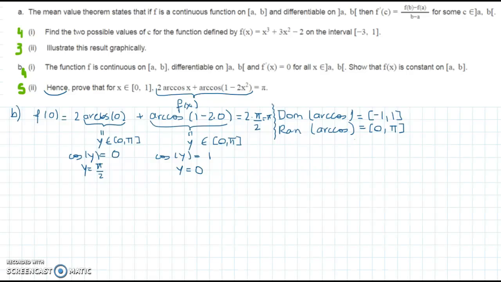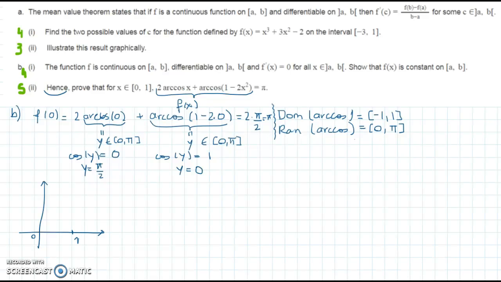Okay, so when we apply the function f, in the second term, we are considering the composition of 1 minus 2x squared and then the arccosine function. So I'm going to check how the function 1 minus 2x squared looks. I need that because I need to make sure that I don't go out of the domain of the arccosine function. But actually everything is fine.